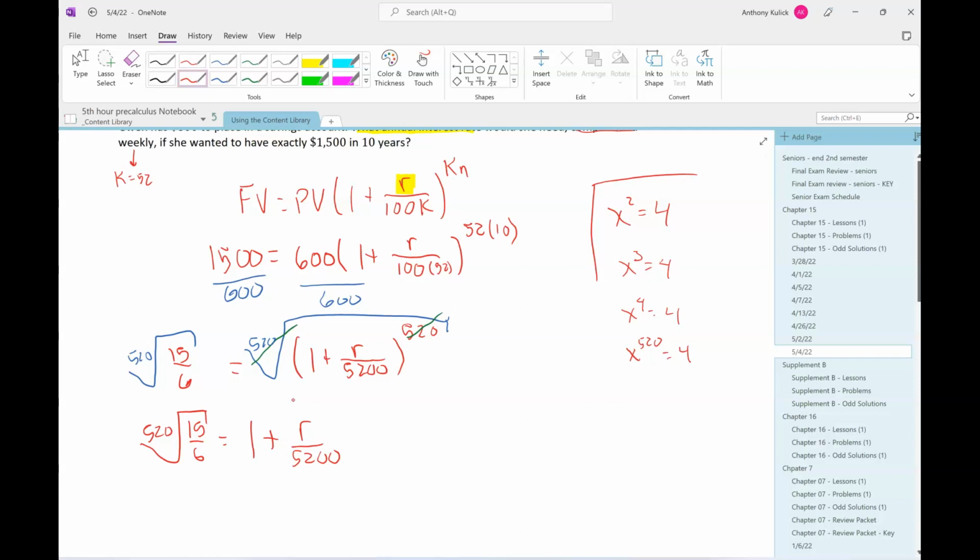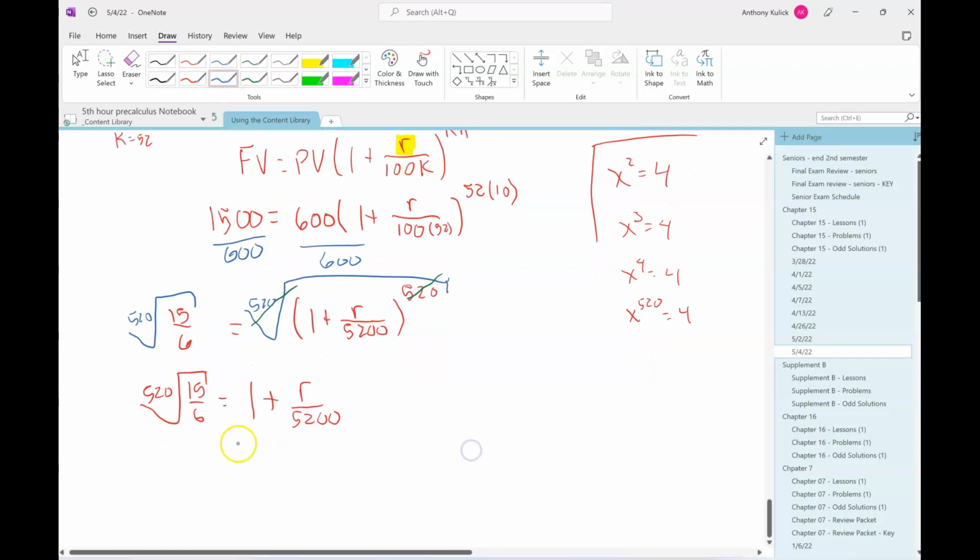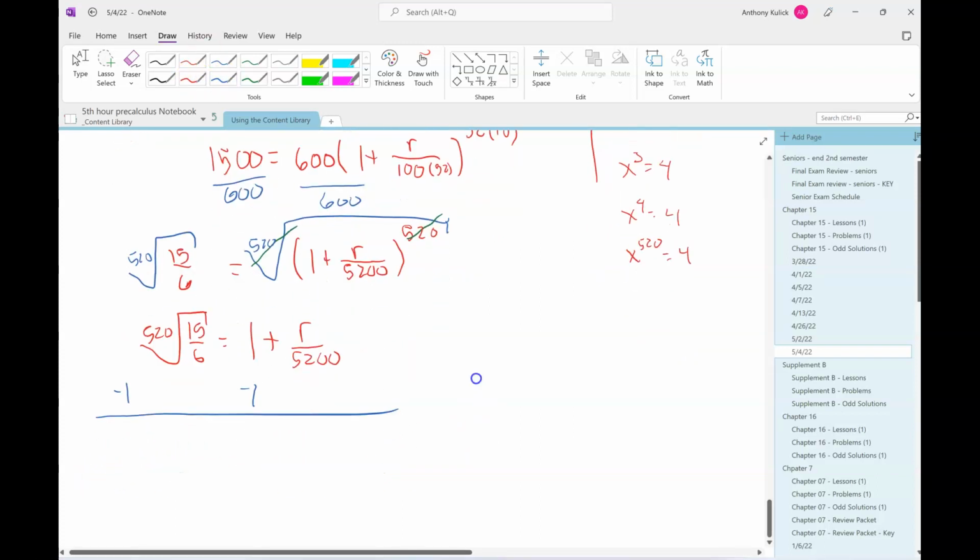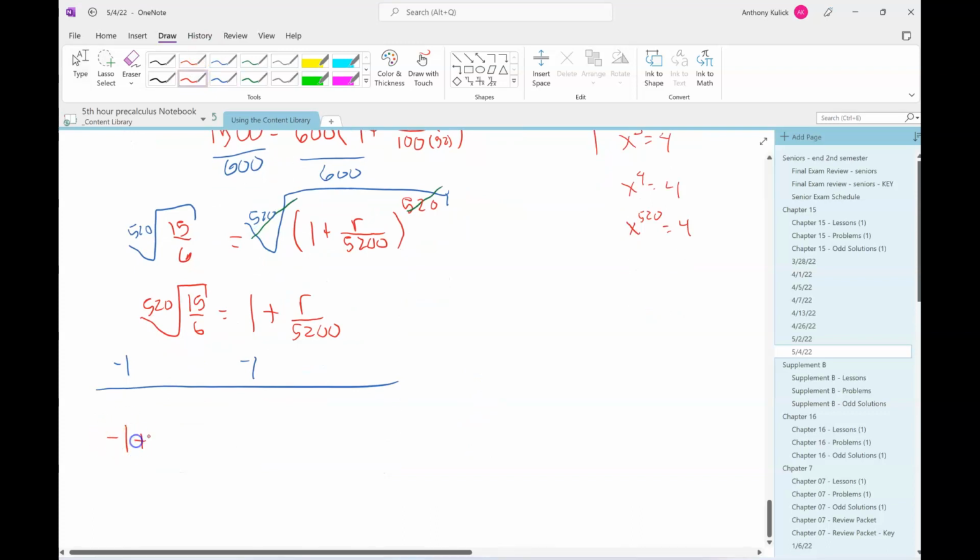To get r by itself. Subtract 1. Yeah. Can I subtract 1 from the radical? No, so I'm just going to write it next to it. And I'm going to choose to write the -1 plus in front, so I can't get confused as to whether the -1 is supposed to be under the radical or outside of the radical.